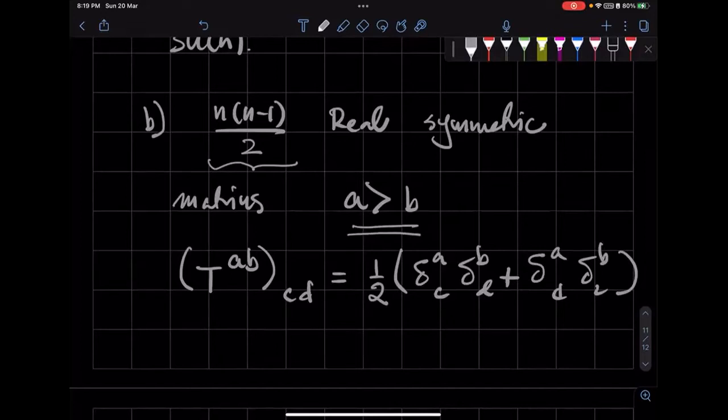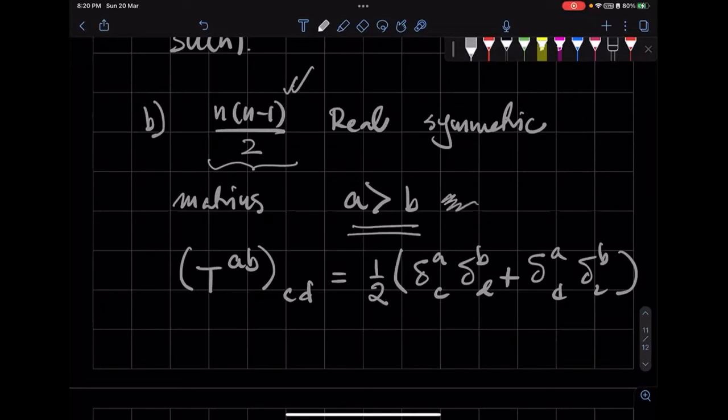How would you count this? How would you come up with this number? Can someone tell me? From this condition.